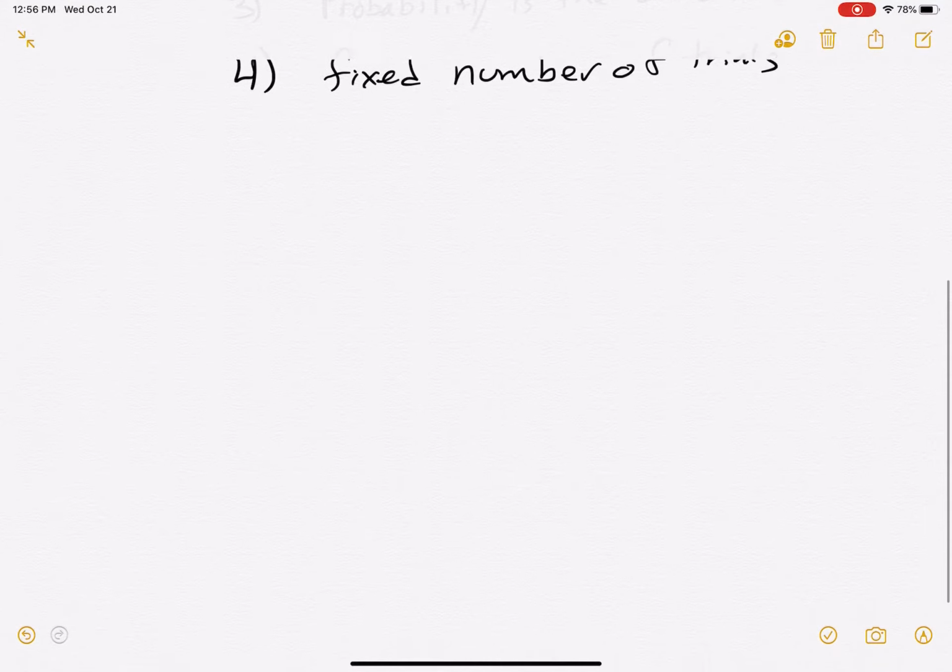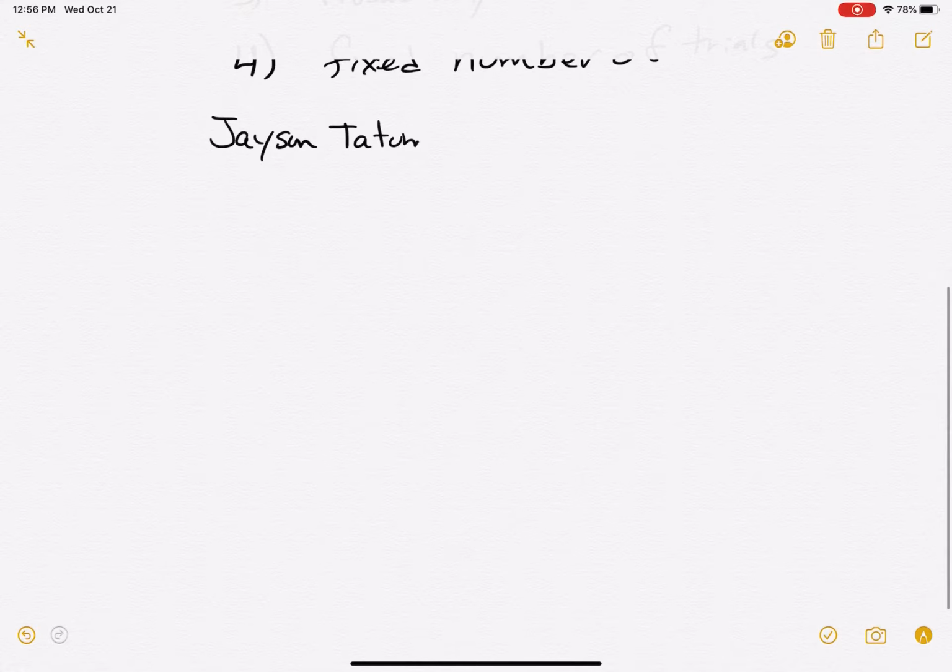So here's how it works. Let's go with an example. Say you have Jayson Tatum, a player for the Boston Celtics, and let's say that his free throw percentage is 80%. I think it's a little bit higher, but let's use 0.8 as a nice place to start.